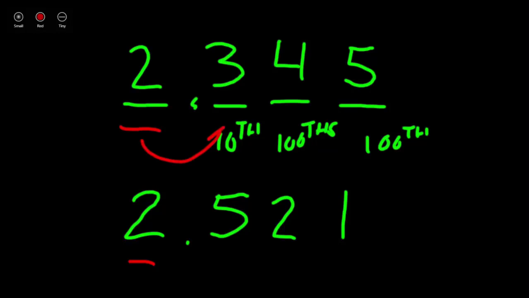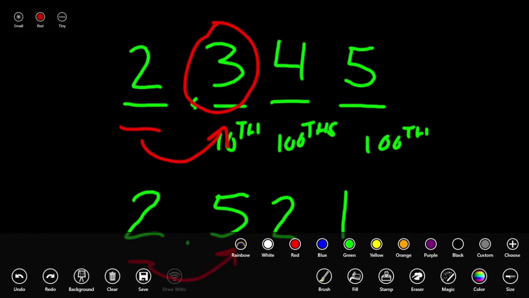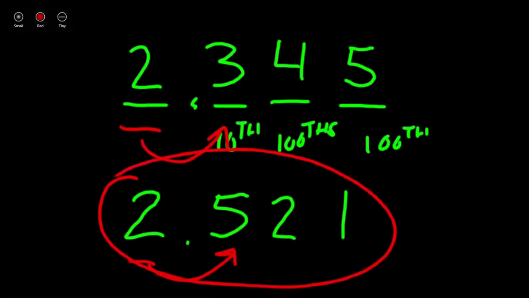Let's look to the number to the right of that. Now, we're looking at the tenths place. Our 3 on the top is smaller than our 5 on the bottom. So we can see that our number on the bottom, 2 and 521 thousandths, is actually larger than the number on the top.